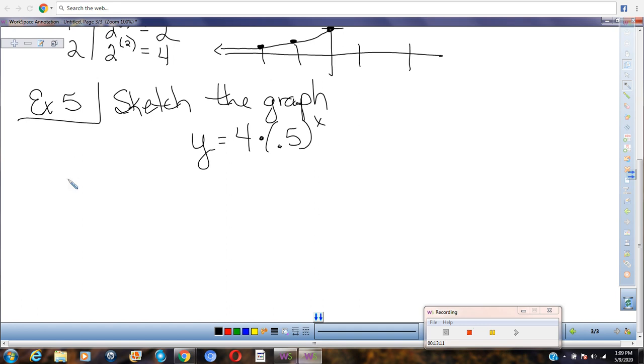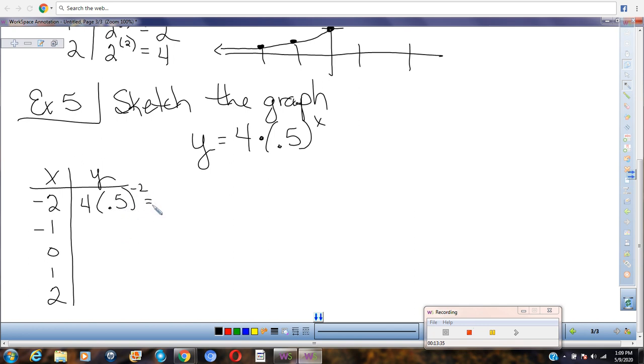All right, so again in our table, our x values are going to be -2, -1, 0, 1, and 2. We're going to plug these in for our x. So we're going to have 4 times 0.5 to the -2. Well, 0.5 is the same as 1/2.